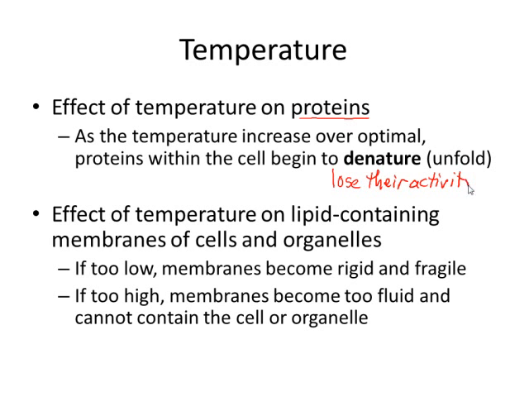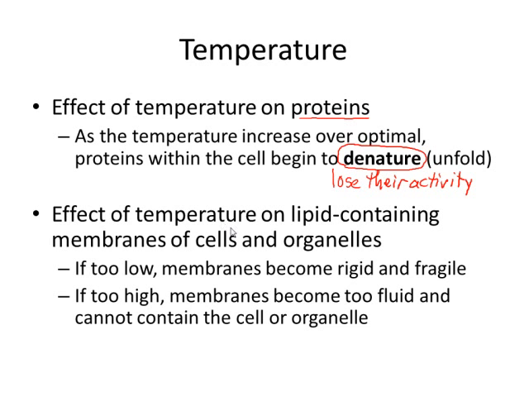The reason proteins lose their activity is due to a process called denaturation. They denature, they unfold, and all that means really is their structure is unwound, and because the structure is no longer held in place, their activity is lost. So you can imagine then a cell without proteins is a cell that's dead.